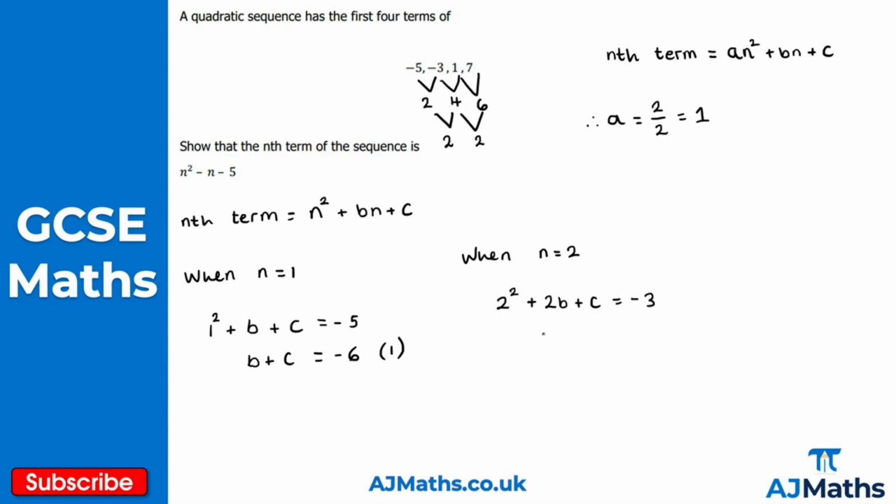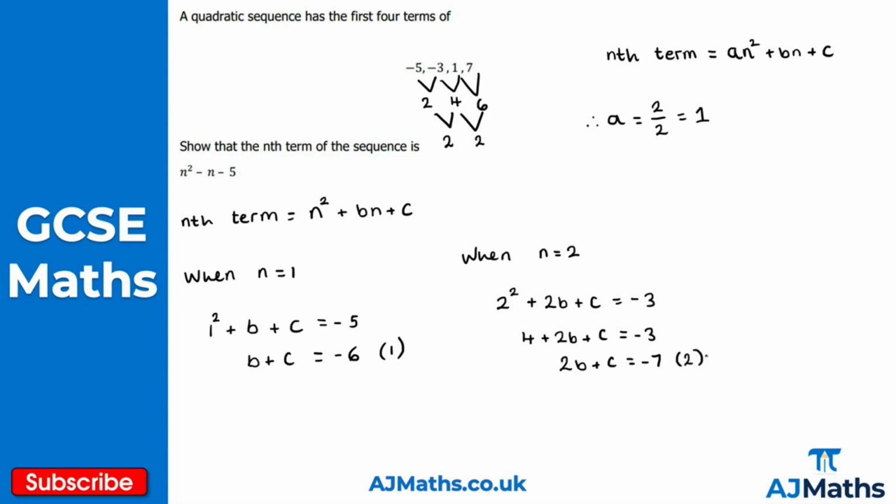This is going to be 4, so I get 4 plus 2b plus c is equal to -3. So I need to subtract 4 off both sides, and I get 2b plus c is equal to -7. I'm going to call this equation 2.